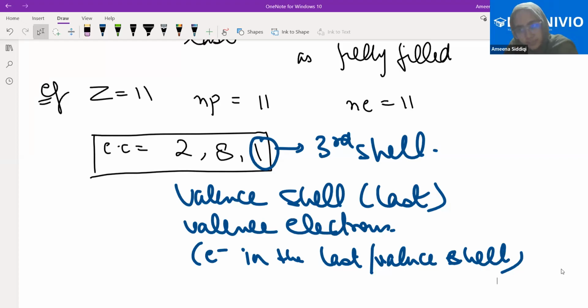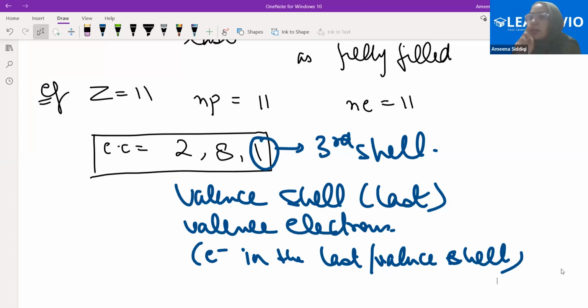And if 8 electrons are present in the third shell, the third shell is fully filled. Yes or no? Yes. The second option is that if I lose this one electron from the third shell, the third shell will become empty.